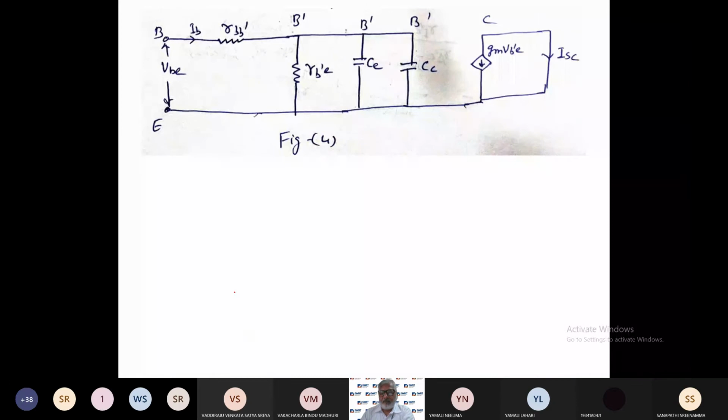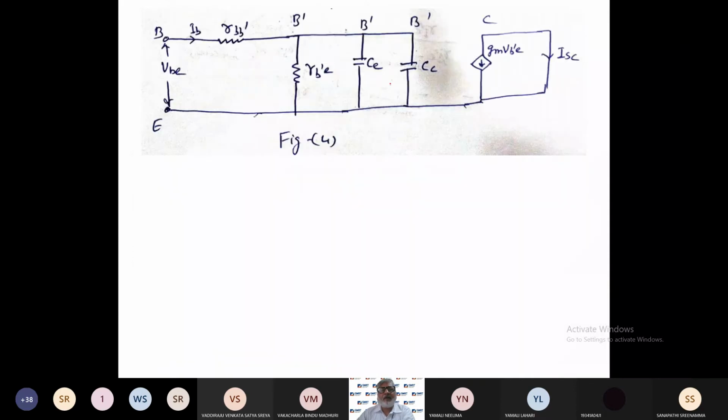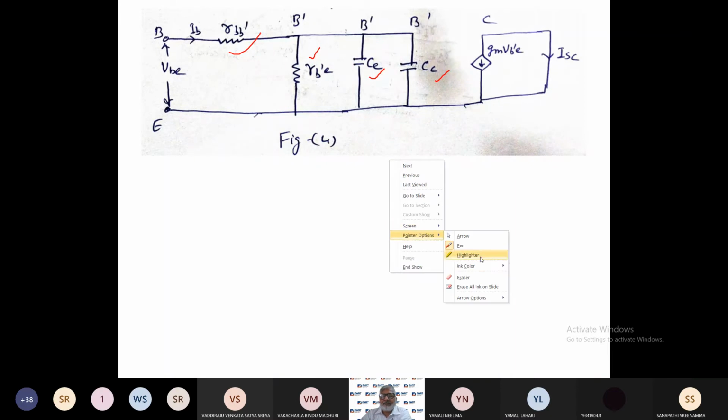Of these two resistances, we have neglected this one. Now you see the new figure here. RBB' is already there, RB'E is there, and CE and CC are there. And I have removed RB'C, because we have neglected that.